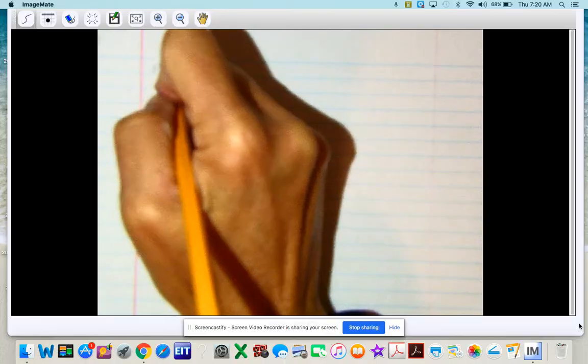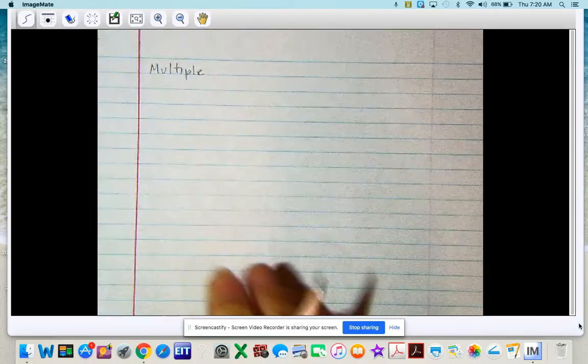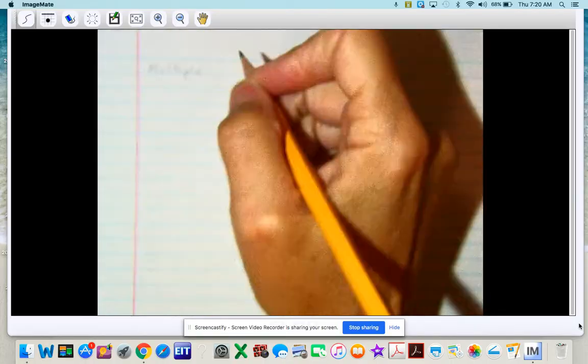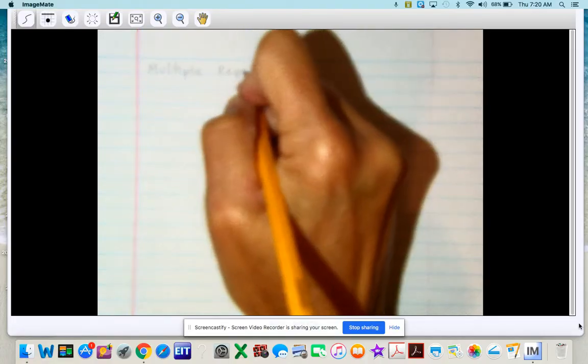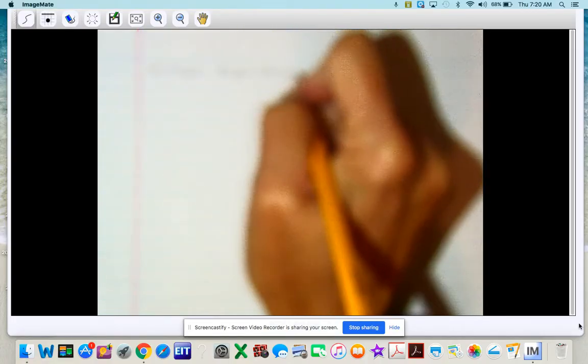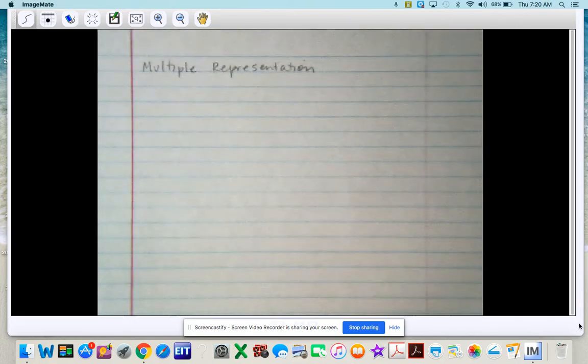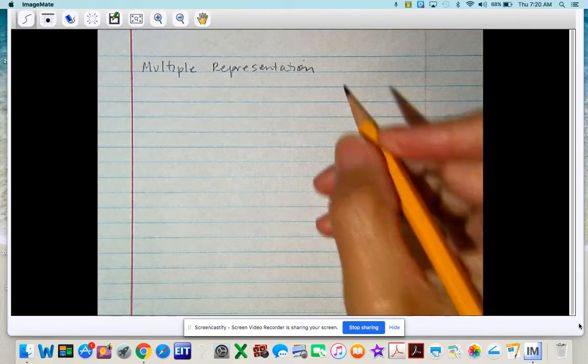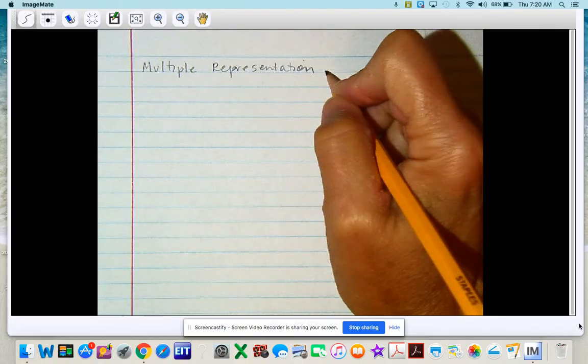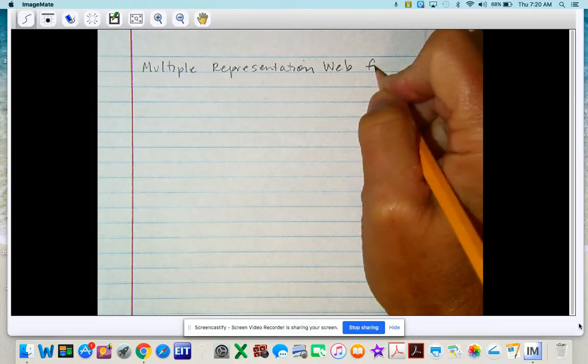So go ahead and turn your page and write down multiple representation web for linear functions.